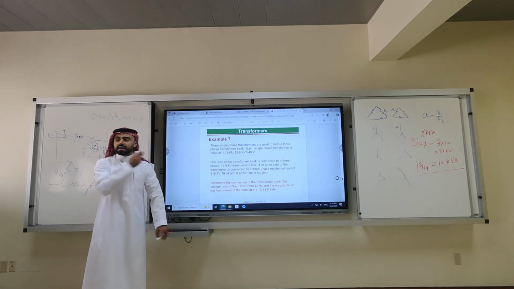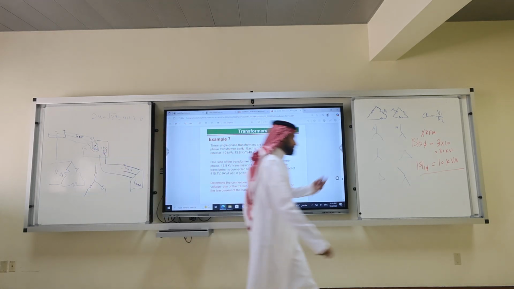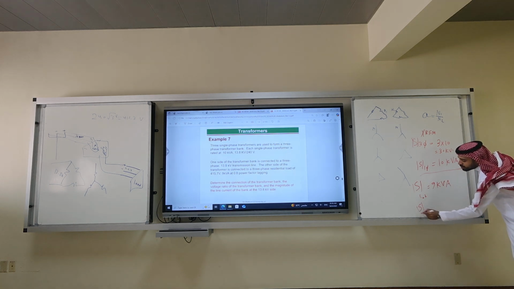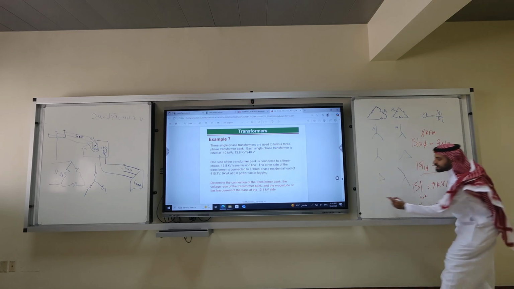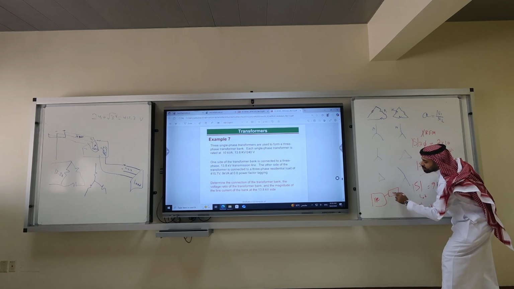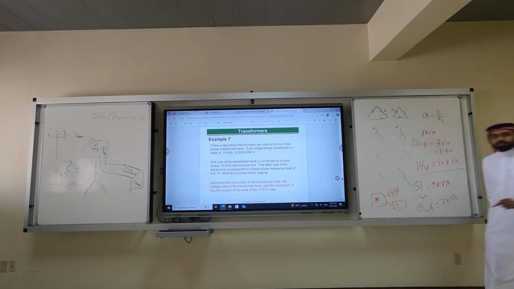9 kVA. Is 9 kVA single phase or three phase? Three phase. So S of the load is 9 kVA. So if I'm connecting the XFRM to a three-phase load of 9, how much capacity do I have remaining to process? 1 kVA?